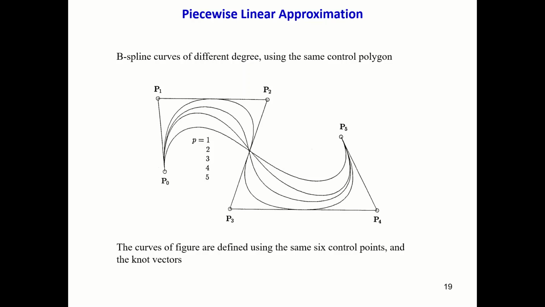You can see how the change in degree is changing the shape of the B-spline curve. That is, the lower the degree, the closer the curve is going to the control polygon, as we have studied earlier. So as the degree increases, the curve is moving away from the control polygon.